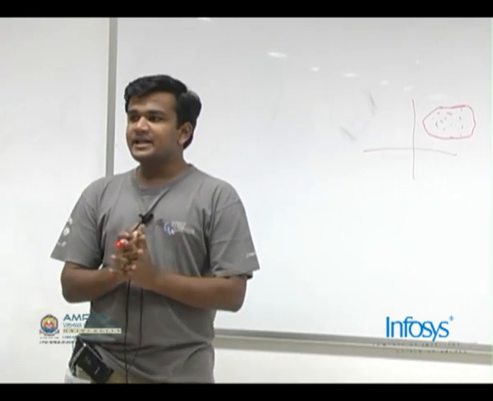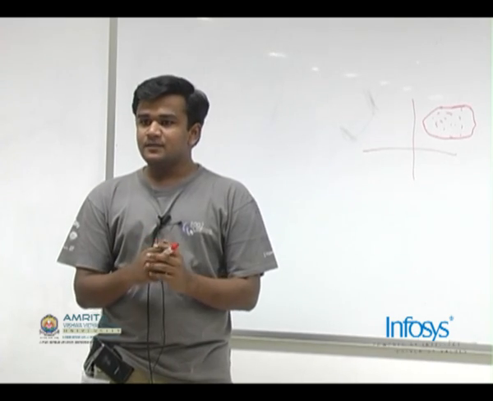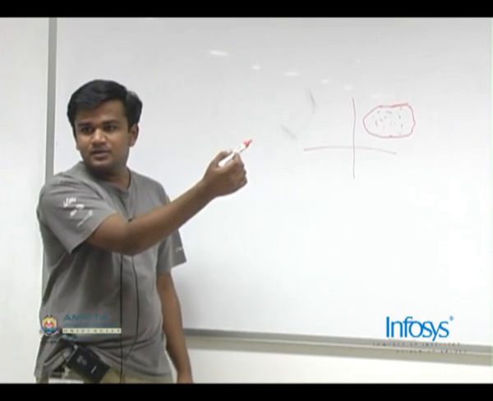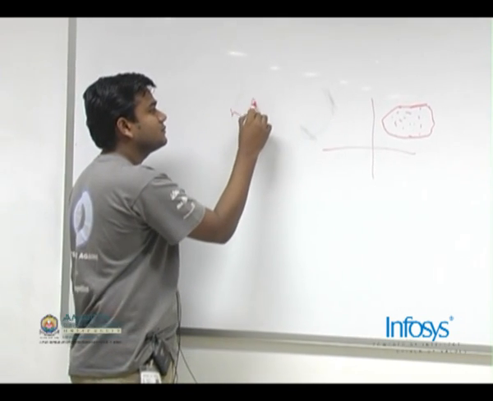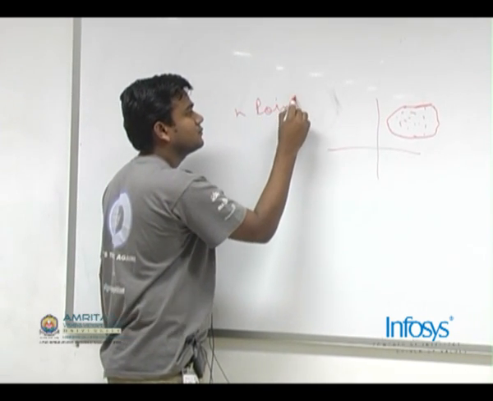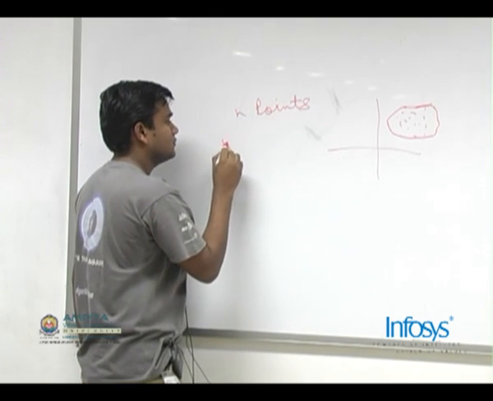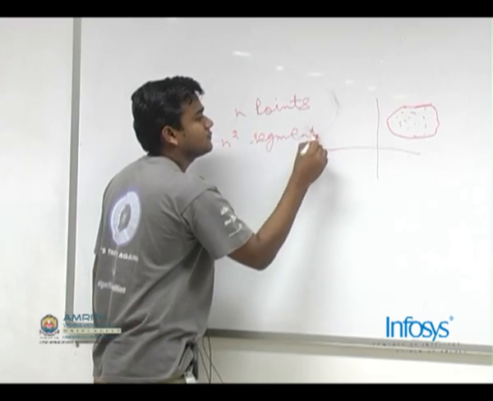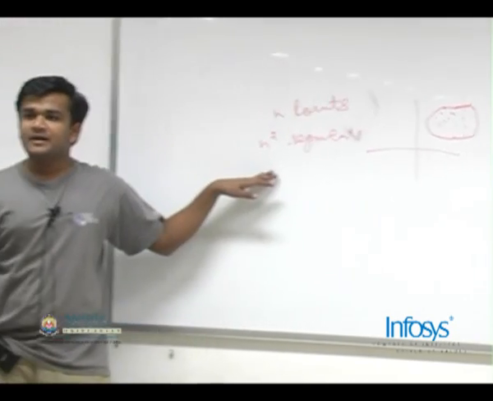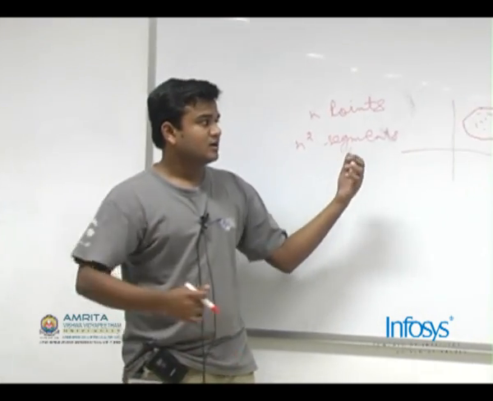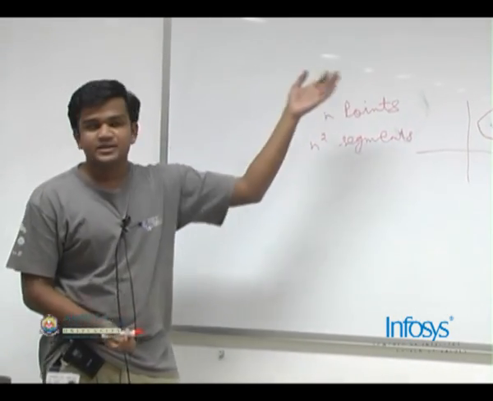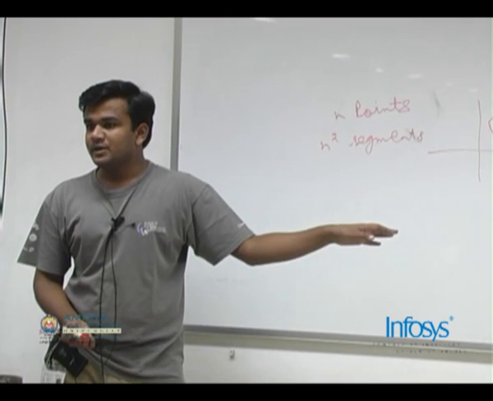So this gives us a very naive way to compute the convex hull. We take all n square segments, since we have n points. For each segment we'll take all the points and try to see if they lie on the same side of the segment or not.